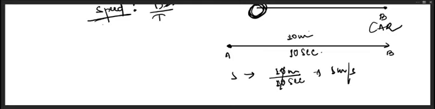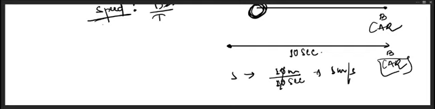Now if I ask you, the car is at point B and it started from any other point, now tell me the speed of the car.